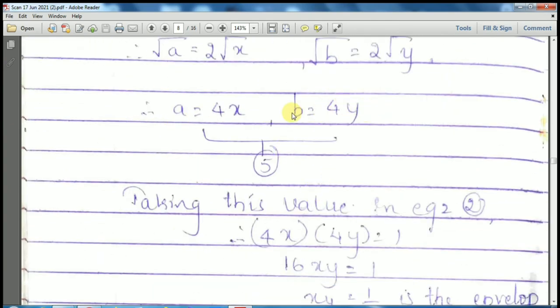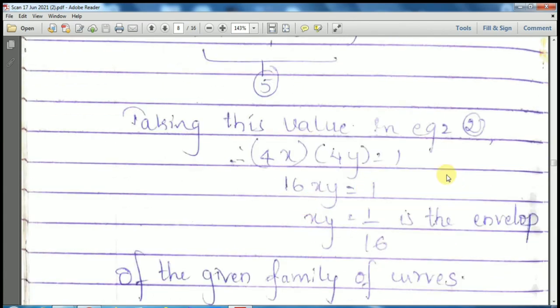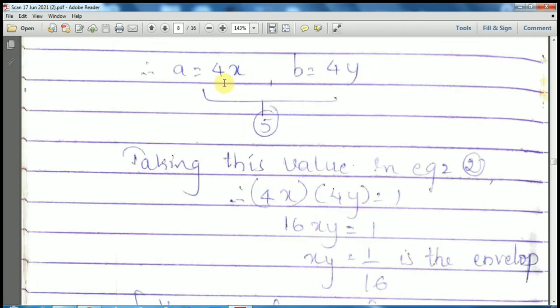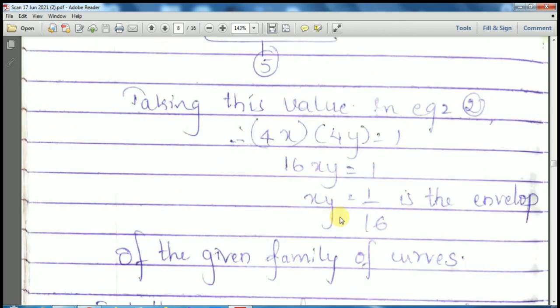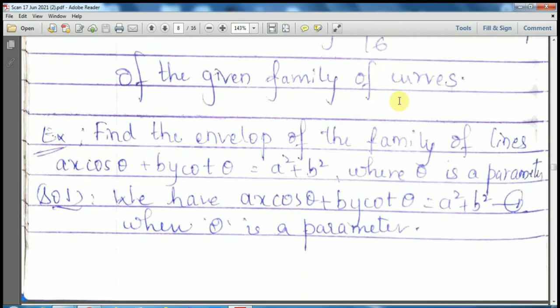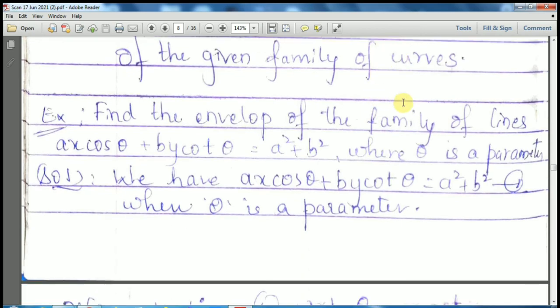Substituting these values in equation 2, we get a into b, 4x into 4y equal to 1. That is 16xy equal to 1, xy equal to 1 by 16. Here this equation is not containing any of the parameters. Therefore, this is the envelope of the family of curves.